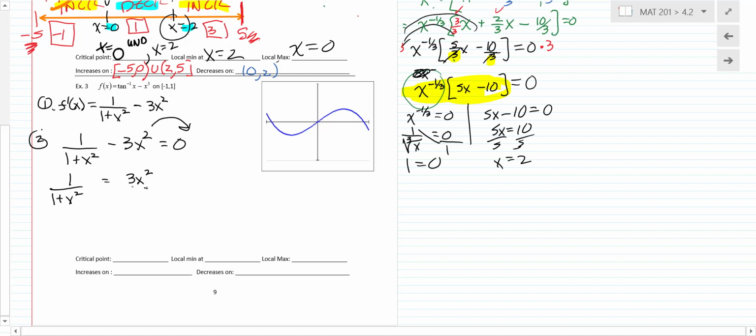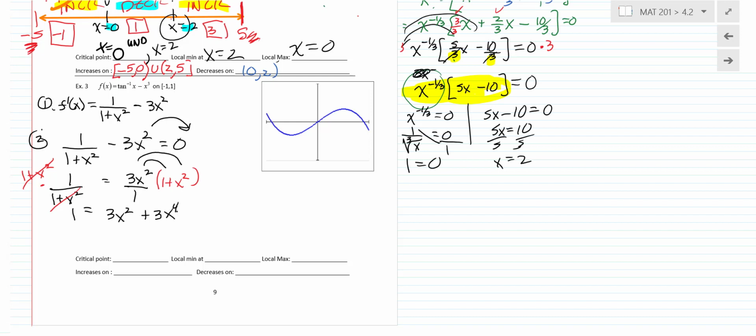It's up to you. I'm just going to clear the fraction. So I'm going to multiply this side by 1 plus x squared, and I'm going to multiply that side by 1 plus x squared. If I do that, I've got 1 is equal to, and then I've got to multiply this out, so that's going to be 3x to the second plus 3x to the fourth, like that. Okay?